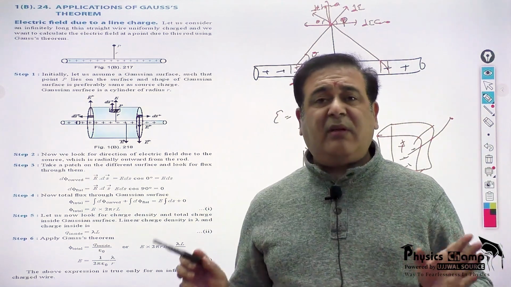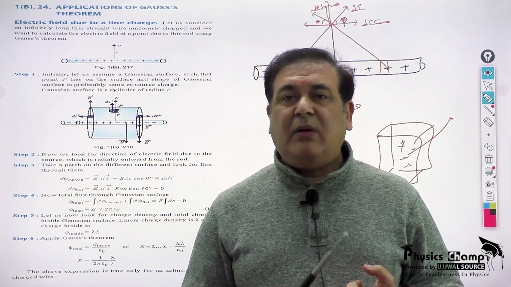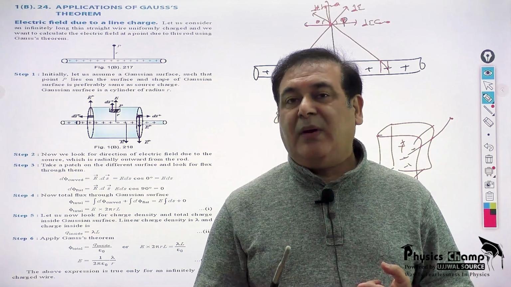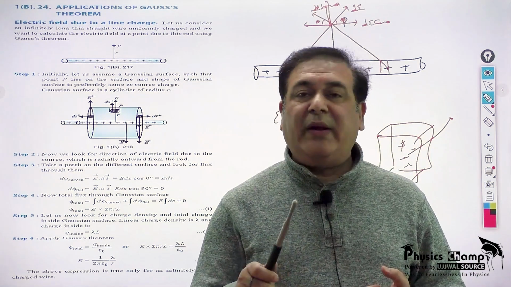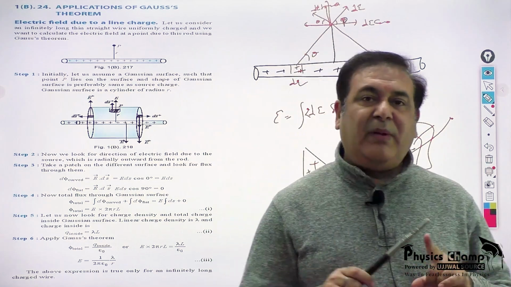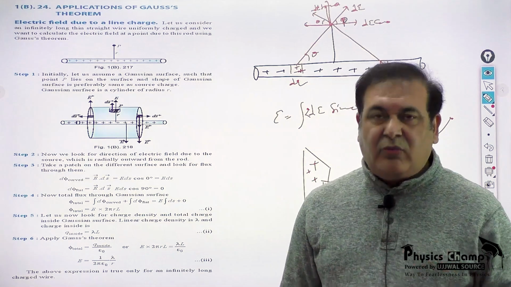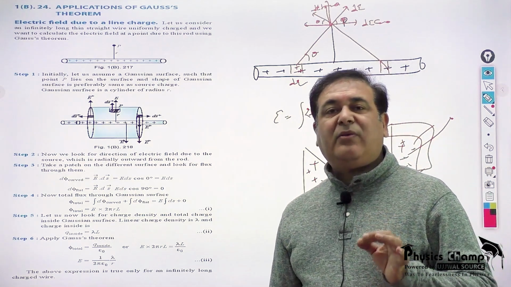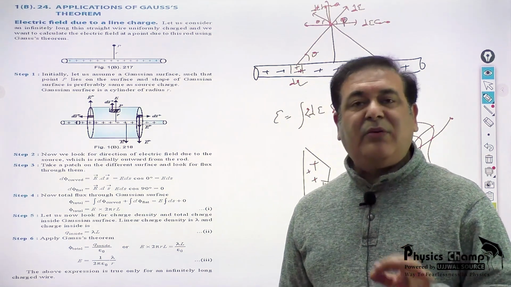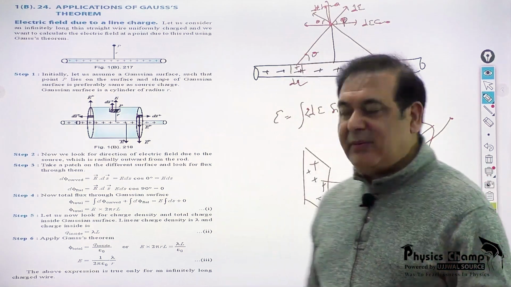So in all these cases where you have line charge distribution or surface charge distribution or volume charge distribution, Gauss theorem will provide you a very easy method to find the electric field as compared to superposition principle, which will be really a difficult task to use here. So I'll be taking now the applications of Gauss theorem one by one, where we'll find electric field using Gauss theorem due to continuous distribution of charge.